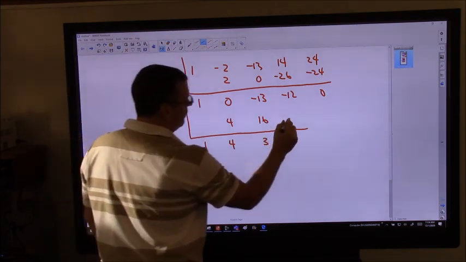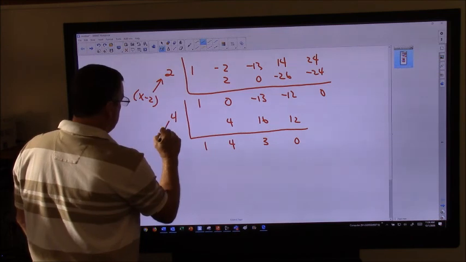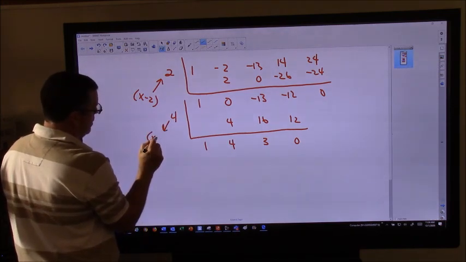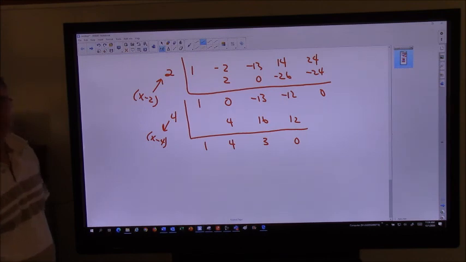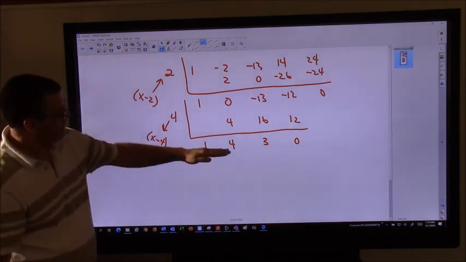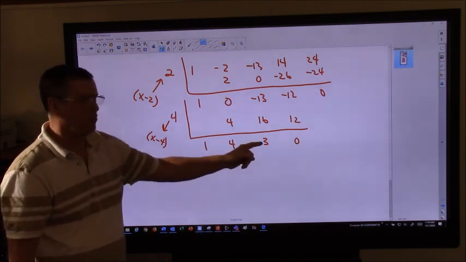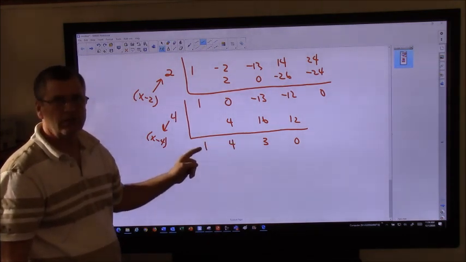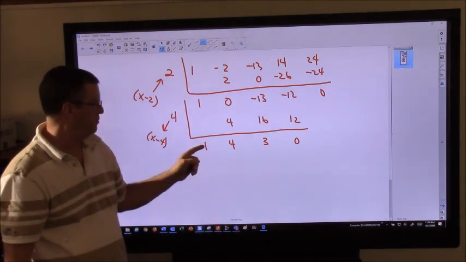And then 12. Add those, you get 0. So that means this is now the factor x minus 4. And the moment I get down to 3 numbers, I've got a quadratic expression, and I know how to factor those. So that's when I quit doing synthetic division.